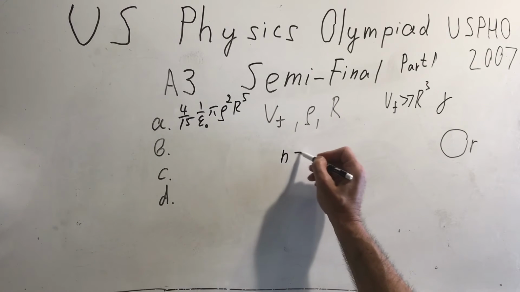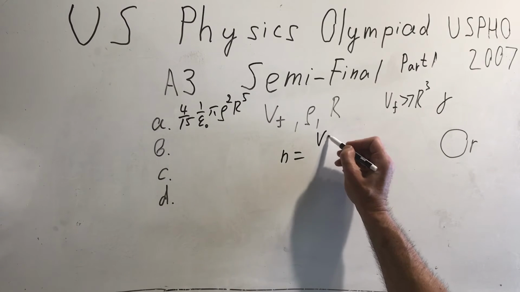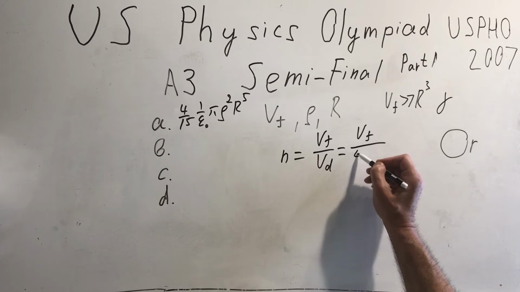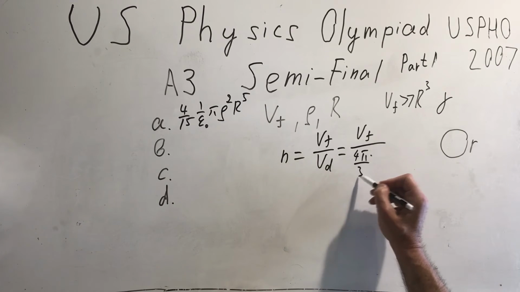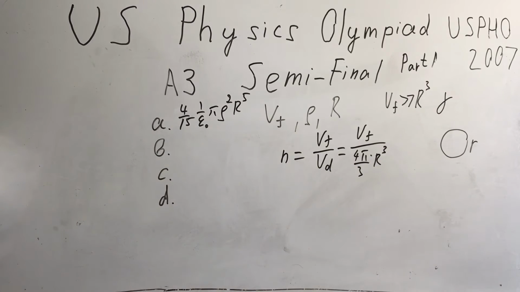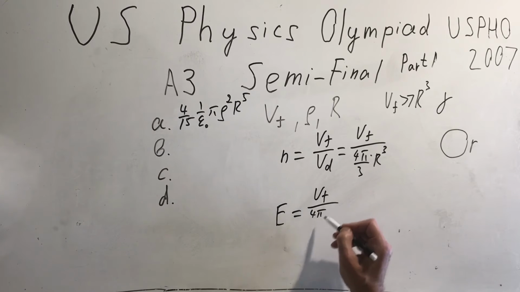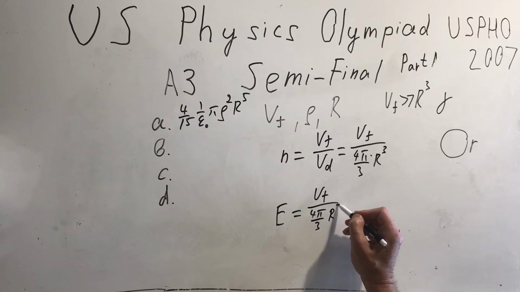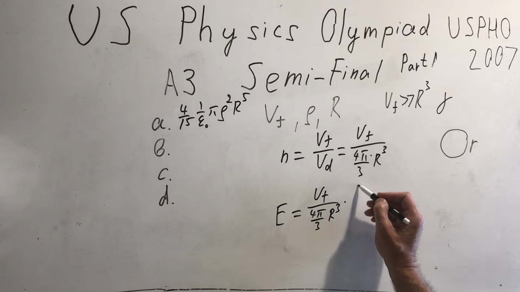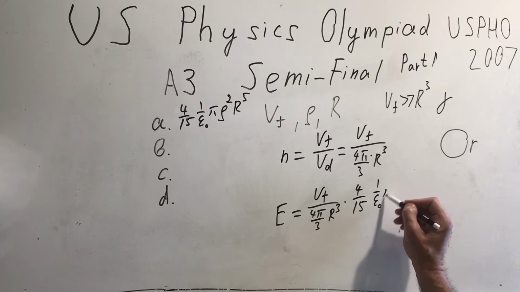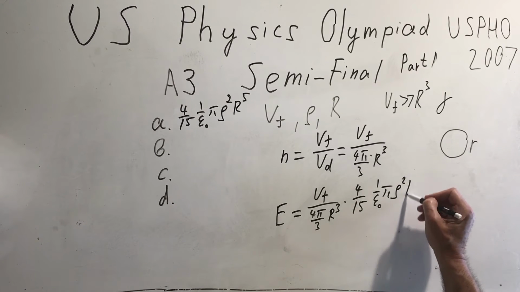The number of drops n can be calculated by dividing total volume by the volume of one drop, which is V final over 4/3 pi R cubed. Now the total energy E equals the number of drops, V final over 4/3 pi R cubed, multiplied by this energy, 4/15 times 1 over epsilon 0 pi ρ squared R to the power 5.